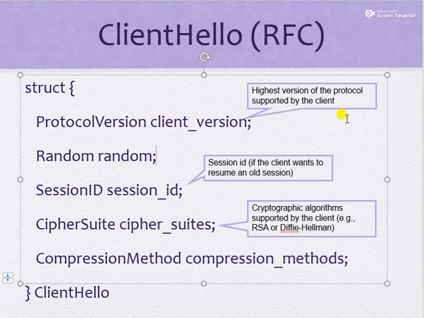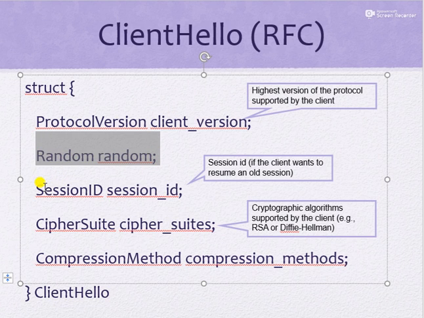As of 2018, the highest version of the TLS protocol that is available is TLS 1.3. So the client has to inform the server of its capability, which highest version of the TLS protocol it supports. Then a random number that is chosen by the client, and the session ID if the client wants to resume an old session, but if it is a new session then the session ID will be null.